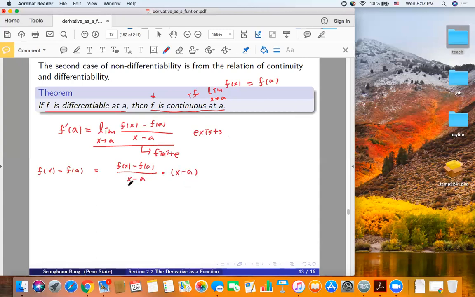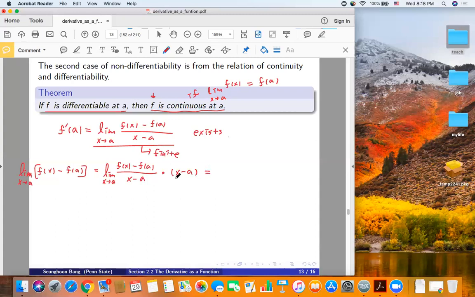Is it possible? The x minus a is crossed out, exactly the same. Next, take the limit of both sides, as x approaches a.